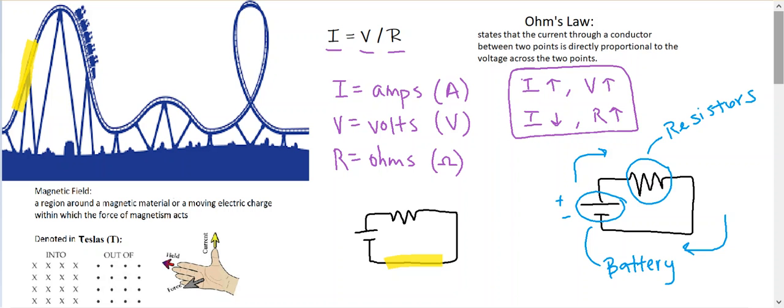The people are a bunch of charged particles moving along the track, moving along the wire. So we'll make current the people in this analogy. And the volts is supplied by the battery. It's what pushes the current through the wire, and in this case, it's what gets the people going around the track. So the volts can be thought of as the carts.